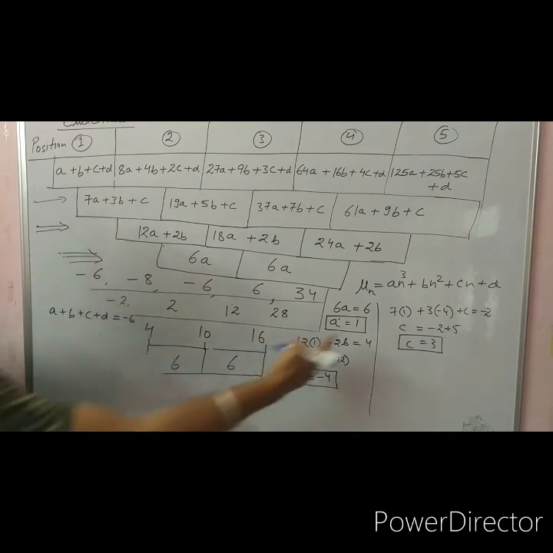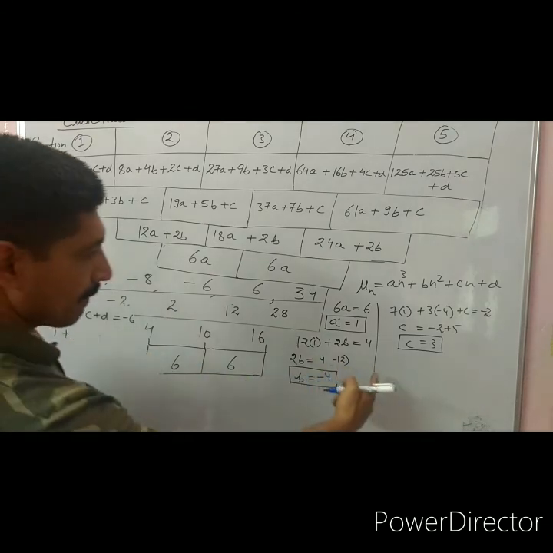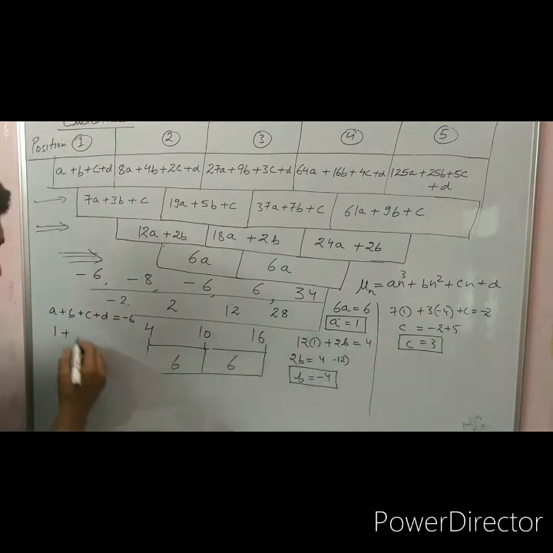So a is 1, the value of b is minus 4, and c is 3, plus d is equal to minus 6. So the value of d is equal to minus 6.